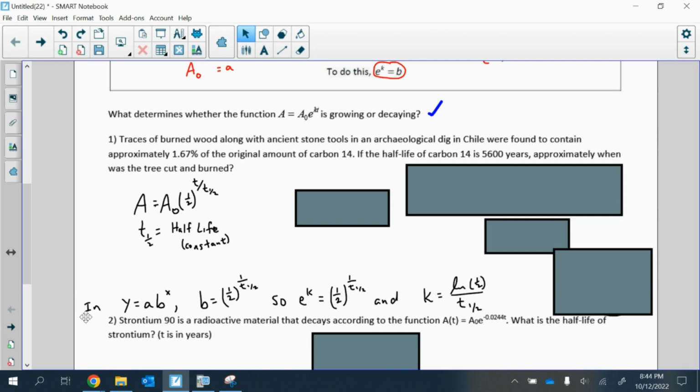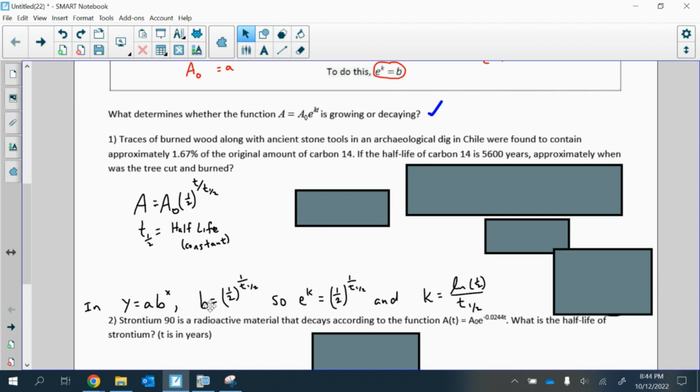Now, if we want to convert this to the e to the kt formula, in y equals a b to the x, notice that in our half-life formula, b is equal to 1/2 to the 1 over t sub 1/2. That's the half-life constant, or the half-life, like in this case, it would be 5,600.